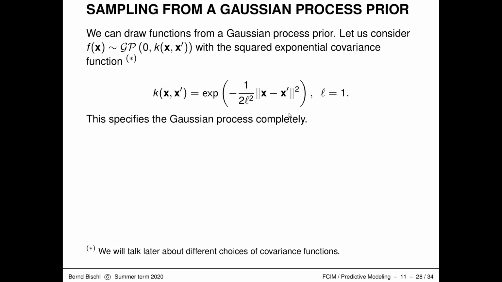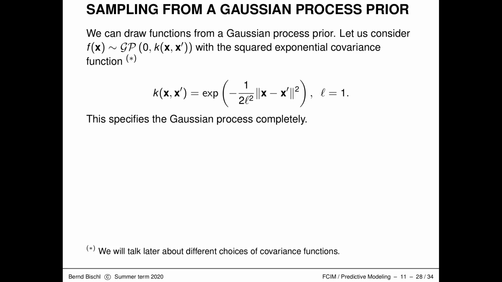I've used L equals 1 before. This is something I have to pick as a modeler. This is where I have flexibility in specifying how my Gaussian process should feel, what properties it should have. I'll discuss this in a later lecture unit. I just wanted to make it concrete here to give you one concrete example.